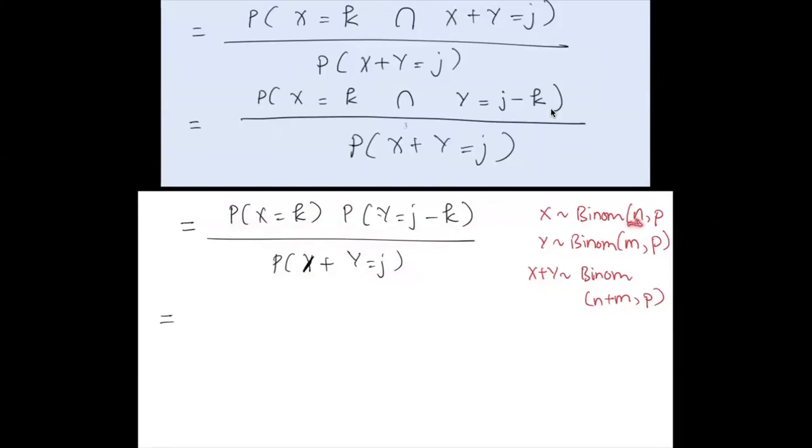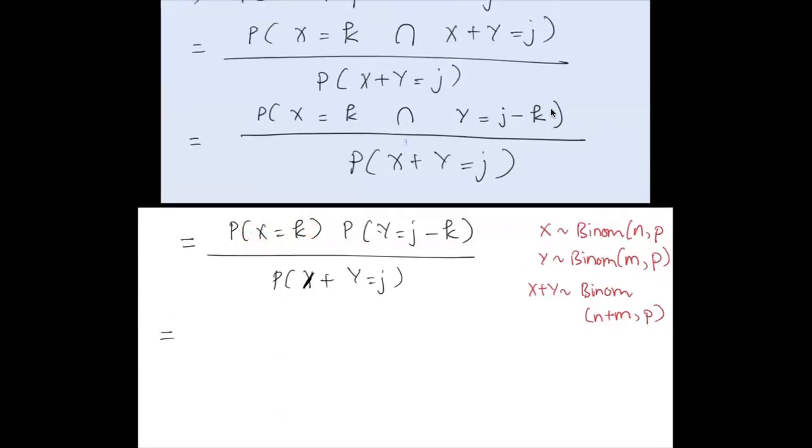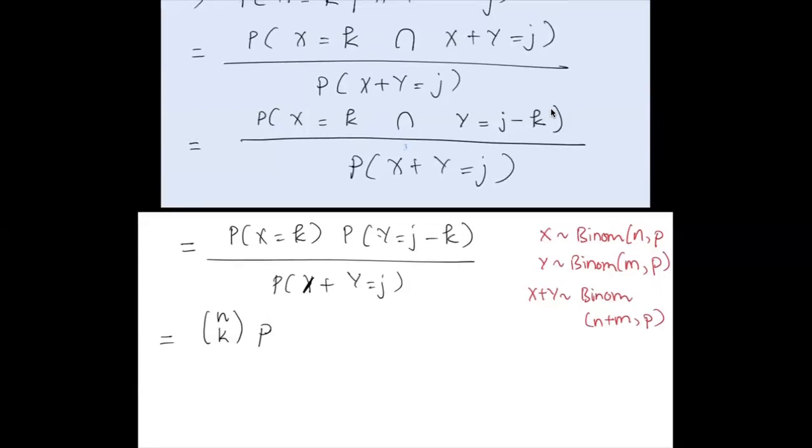We have n trials. The probability of success in each trial is p. What is the probability that we have the number of successes equal to k? So out of n trials, I choose k trials to be successes. And then I apply the probability of success to the k trials, and then apply the probability of failure to the remaining trials.